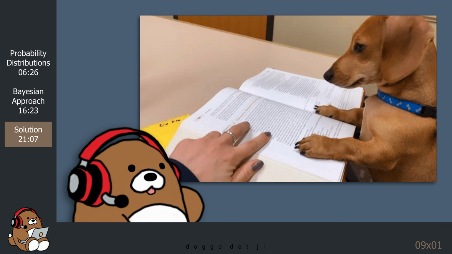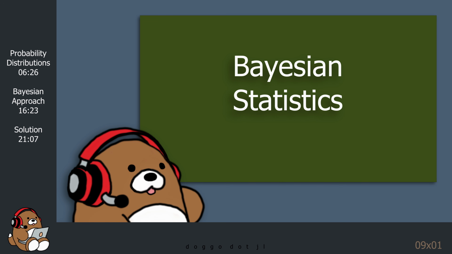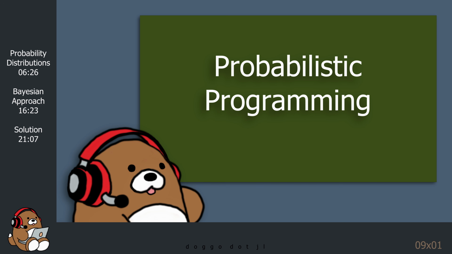I know that we covered a lot today, so let's break here and highlight some of the key takeaways. Unlike in classical statistics, in Bayesian statistics, probability expresses a degree of belief in an event. Probabilistic programming is the application of modern computers and modern programming languages for Bayesian statistics.